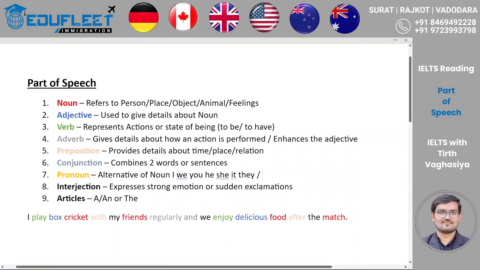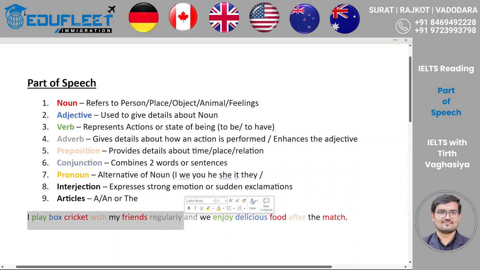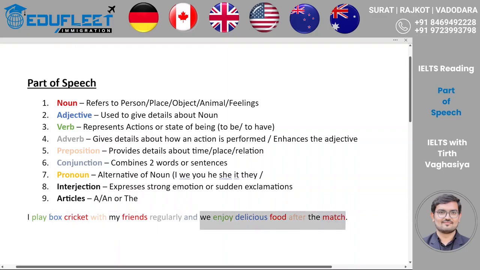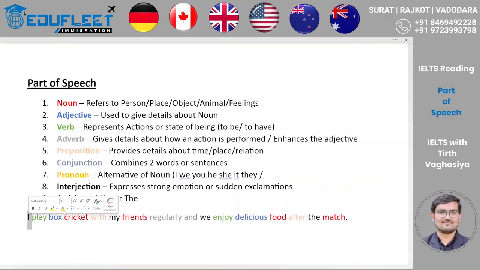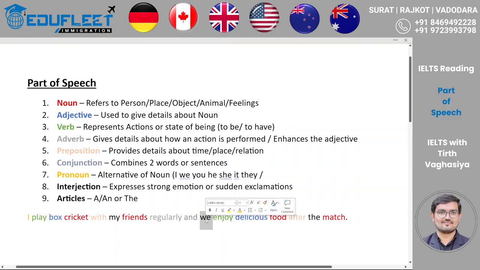Now what do we mean by subjective form? Subjective form is something that is used as a subject. For example, here we have two sentences. Sentence number one and then sentence number two. If you pay attention to the starting of them, it started with I and we.